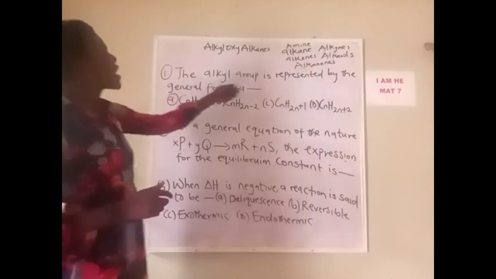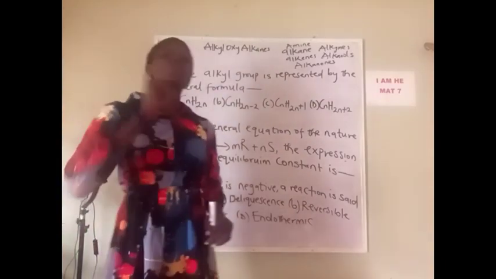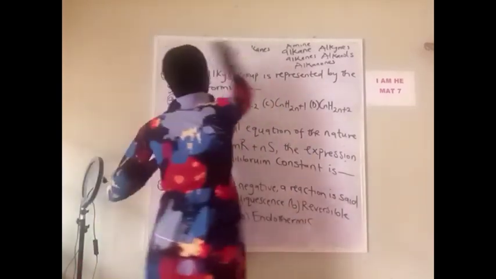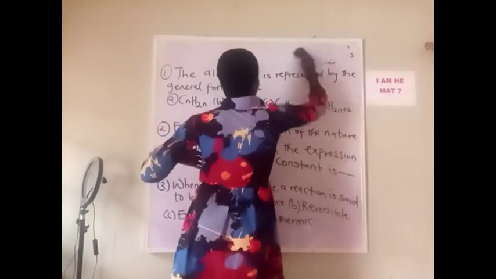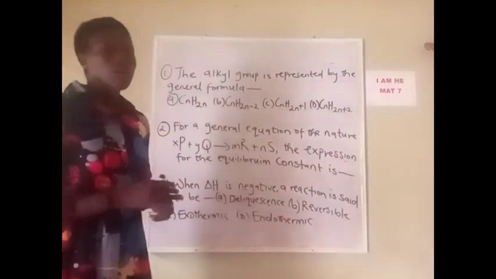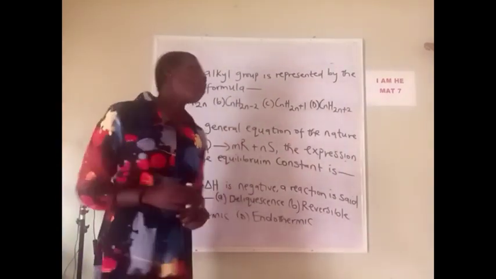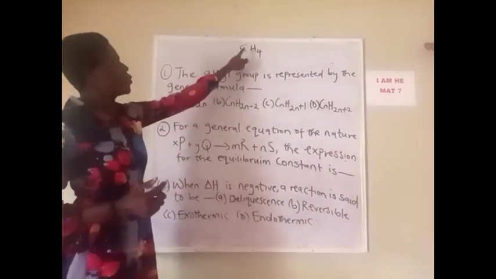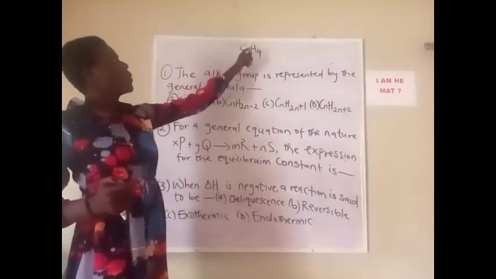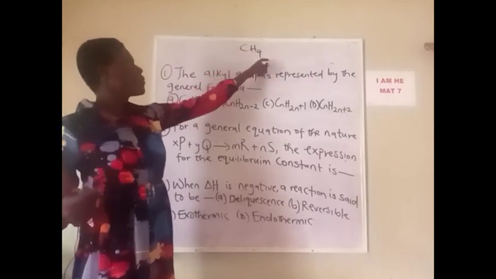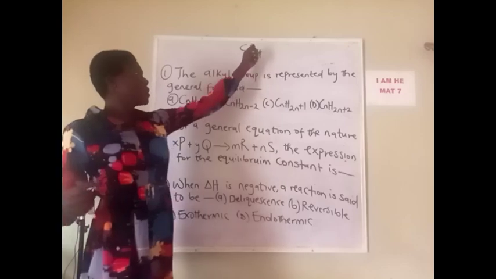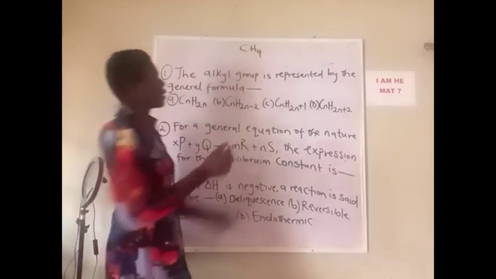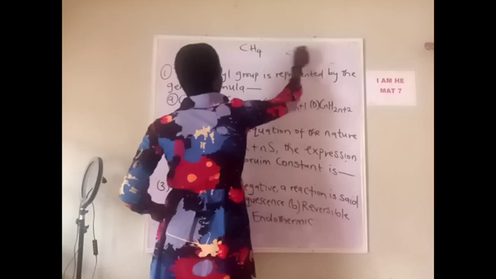So we said that the alkyl groups are alkanes that lose one of their hydrogen atoms. Let me explain what I mean. The formula for methane is CH4, having 1 atom of carbon and 4 atoms of hydrogen.